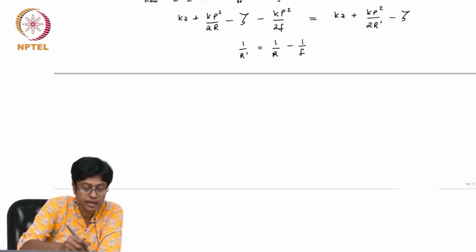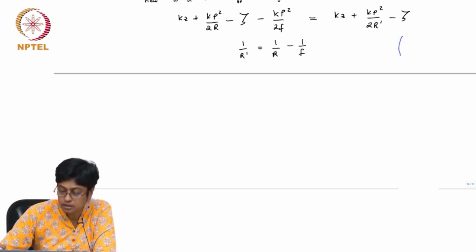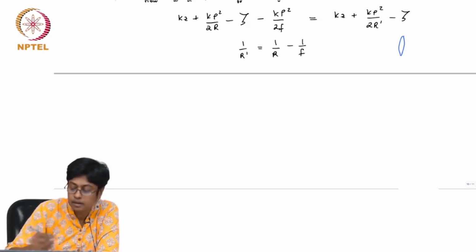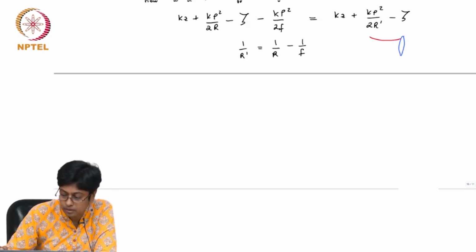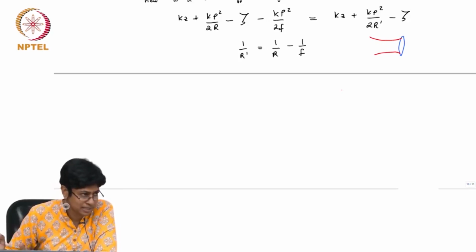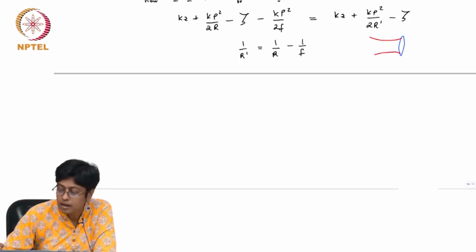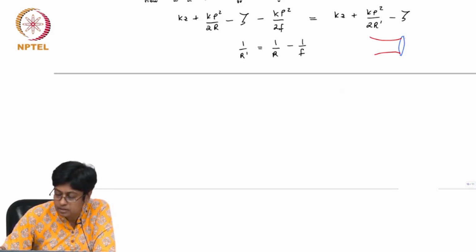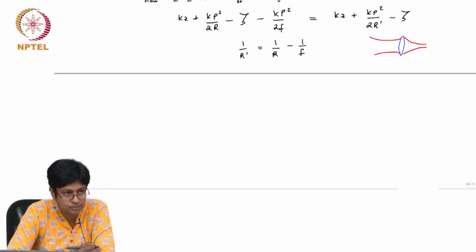So if you had a lens and a Gaussian beam incident on this lens, and we are assuming a thin lens in this case, immediately after the lens the beam is going to change.